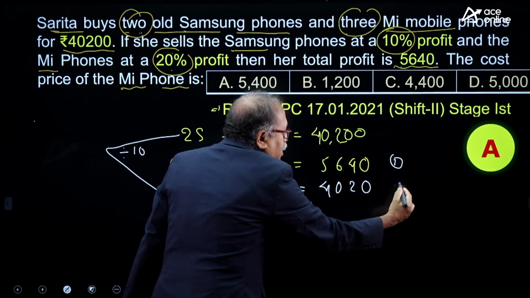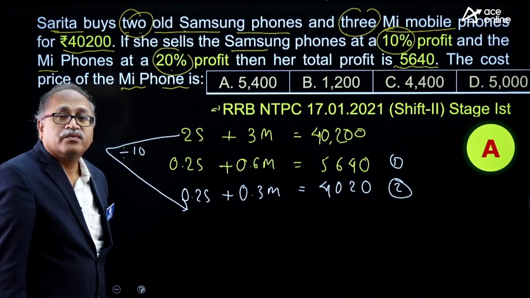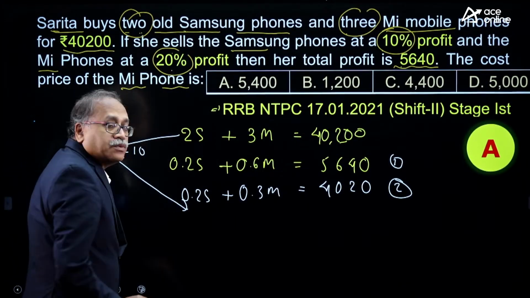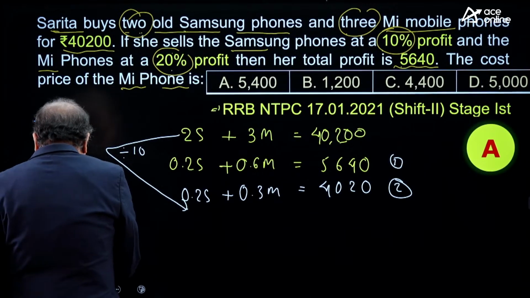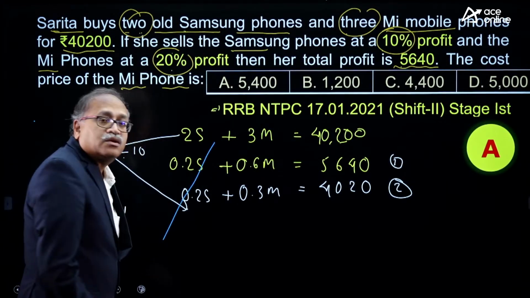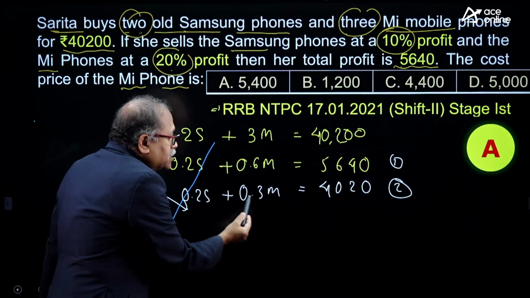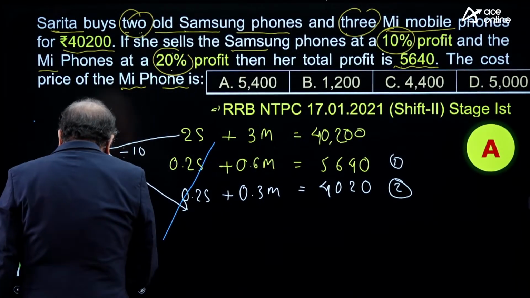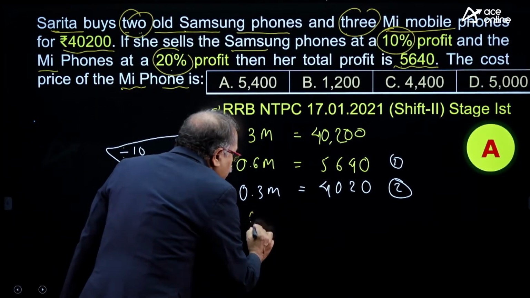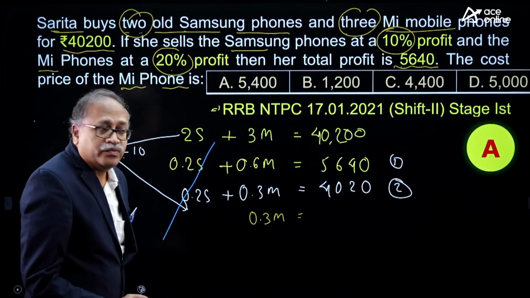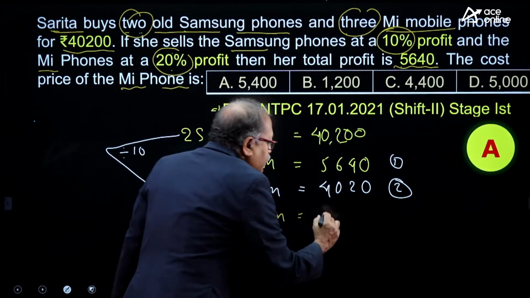This is equation 1, this is equation 2. Now subtract it, from 1 subtract 2. You find that 0.2S and 0.2S get cancelled, and here 0.6M and 0.3M. That means my result will be 0.3M, which is equal to, now subtracting this one, 1620.